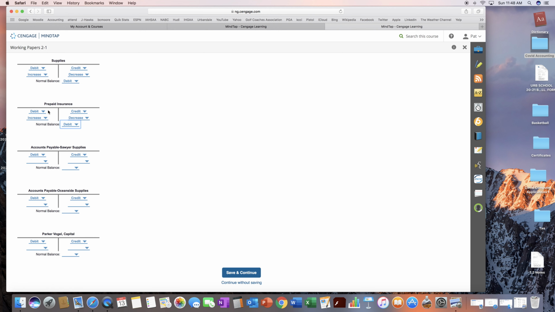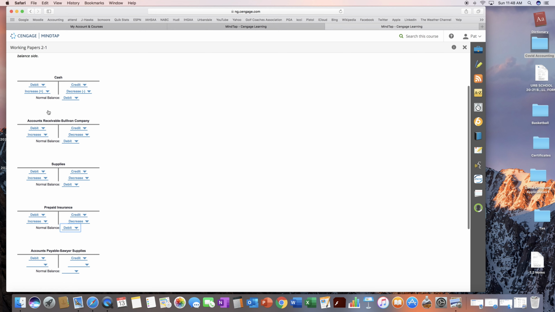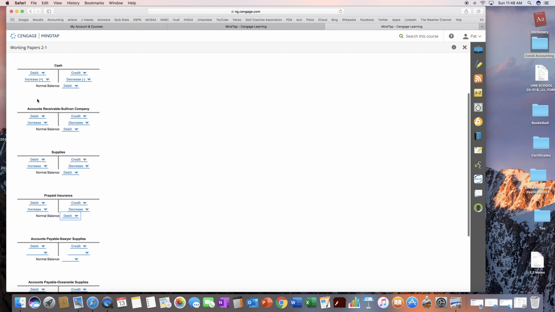So the normal side for all assets is a debit, meaning it increases on the left side. If you wanted to lower it, you have to do the opposite of the normal balance, which is a credit, or decrease cash. So to increase cash, you debit it, which means you're on the left side of the T account, and your normal balance is also the same as the increase. Okay, so that's for the four assets.